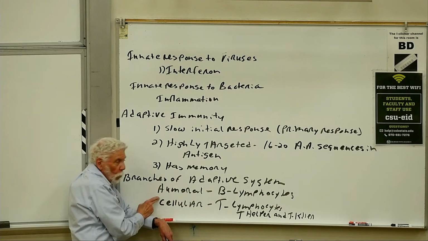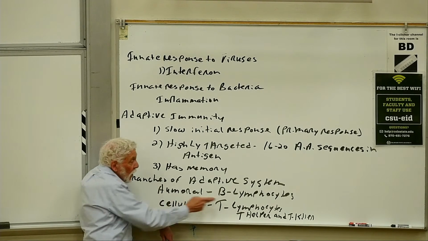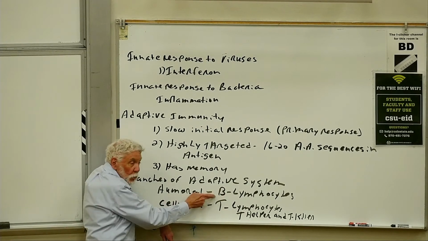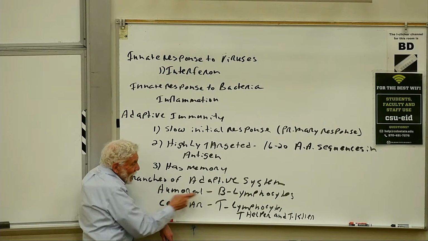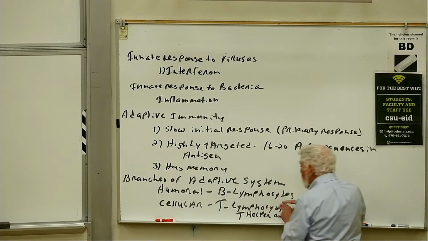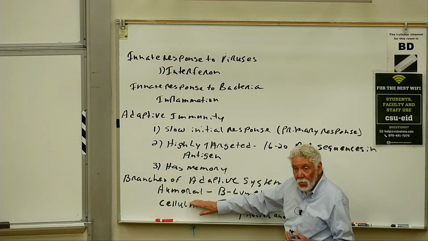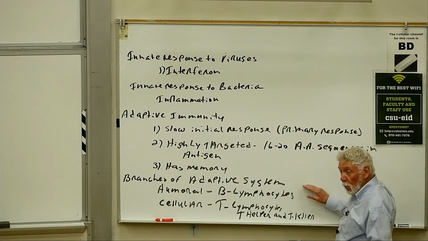This is the old humoral days of phlegm and bile and such, but we can think about it as fluids, as being plasma and being extracellular fluids. These B lymphocytes are going to be secreting whole protein antibodies out into the humors, out into the extracellular space. So that's the humoral branch.